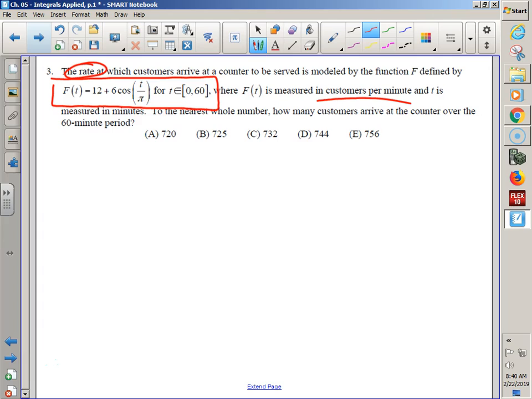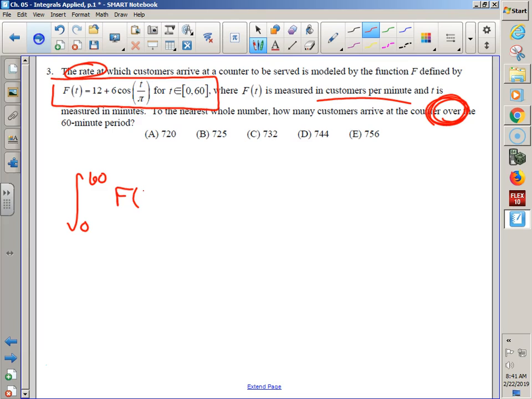I integrate. I thought you said derive. Maybe you said integrate. Wait, how many customers arrive at the counter over? Is it asking how many customers are at the counter, and you have some coming and some leaving, or is it an over? Oh. So a 60-minute period, isn't that going to be from 0 to 60?